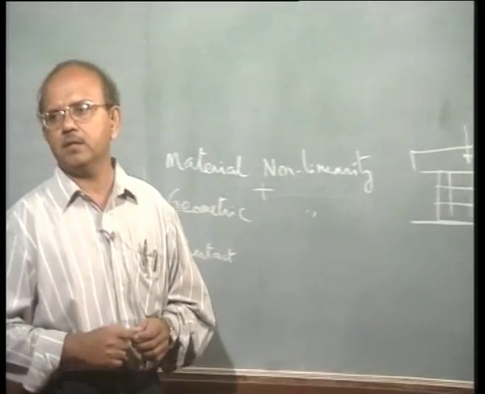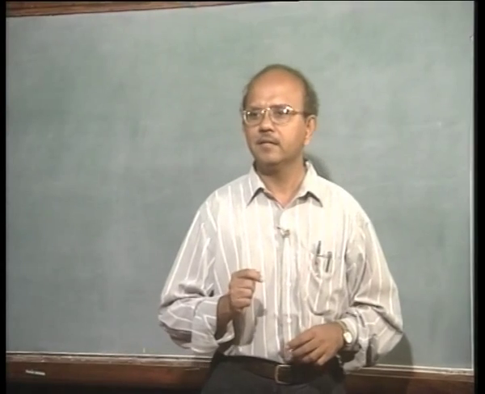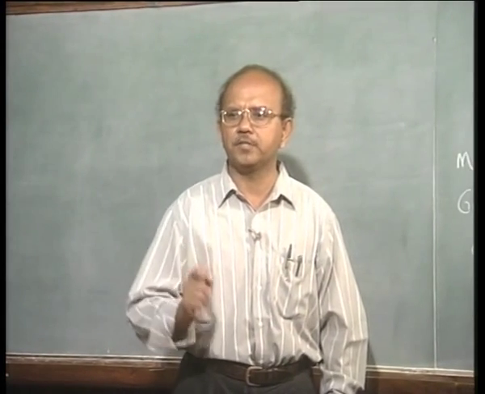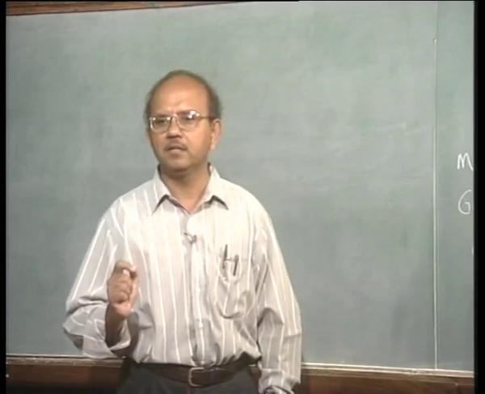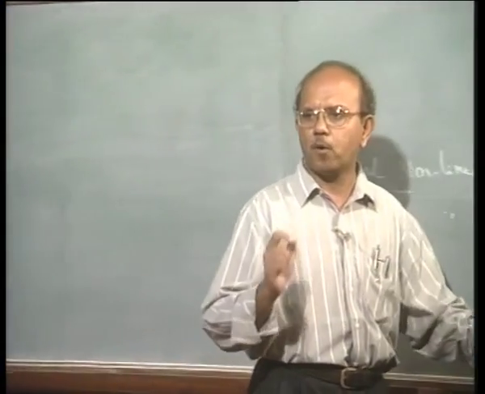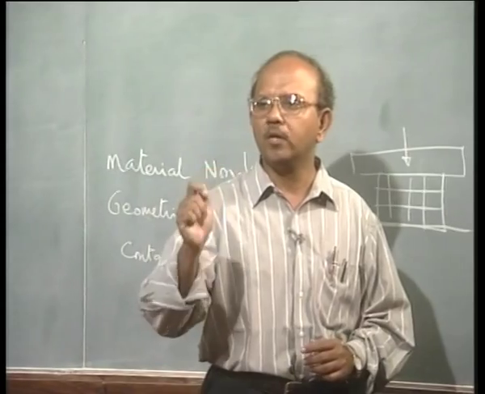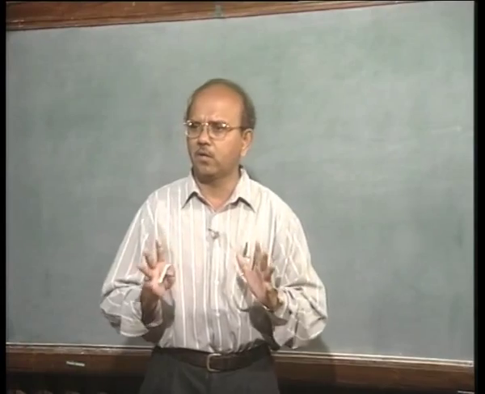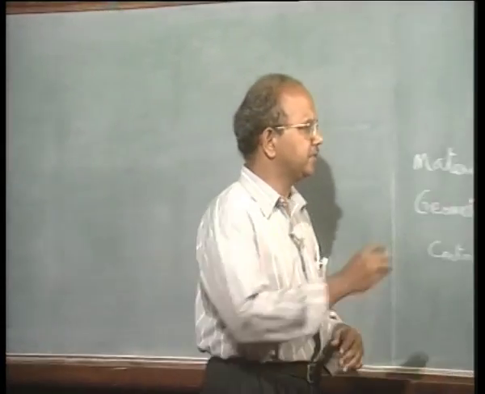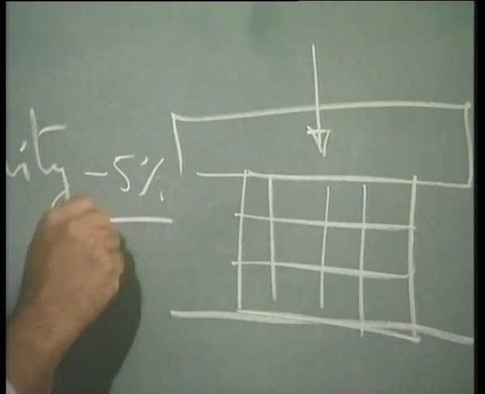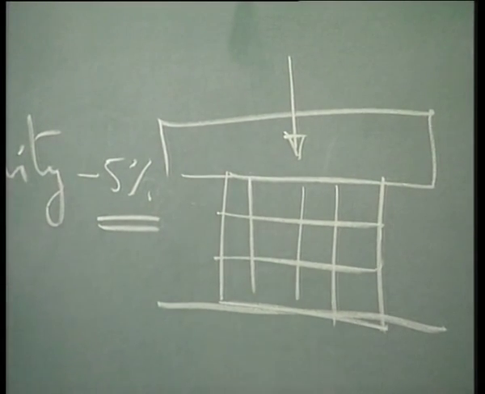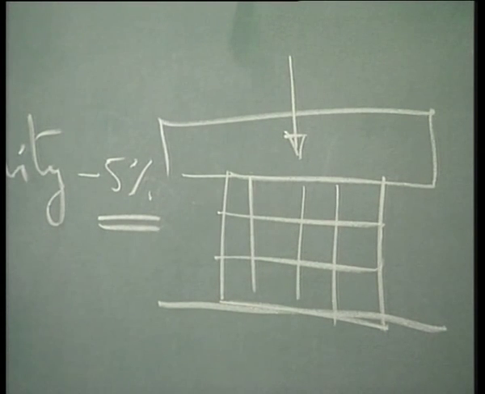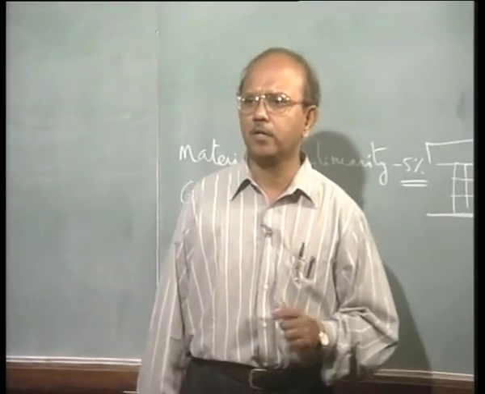It is usually the practice to say that if the strains are less than 5%, then this problem can be analyzed using only material nonlinearity. So what is that 5%? It is not a God given figure, it is just that by experience we feel that about 5% strains, or plastic strains if you are going to do plastic problems, would be good enough to do the problem as a material nonlinear problem.